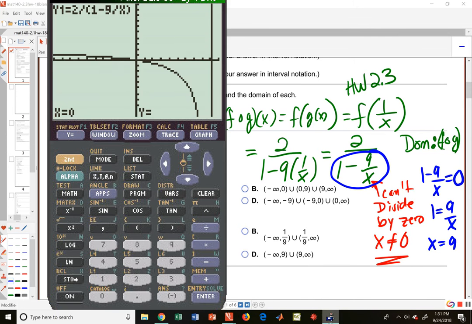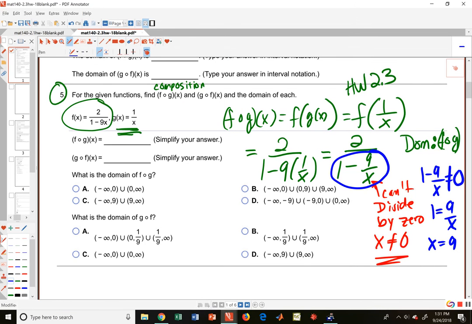Or if you look at the graph and hit trace, and move around, 9 is a problem. You see that vertical line? That vertical line is what we call an asymptote. It's blowing up over there, and so that is a problem around 9. Right next to 9 is fine. On either side it is defined. It's just not at 9 because you get exactly 0, a division by 0. So this can't equal 0, and so x can't equal 9 either.